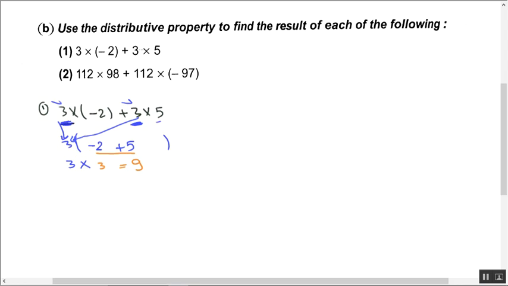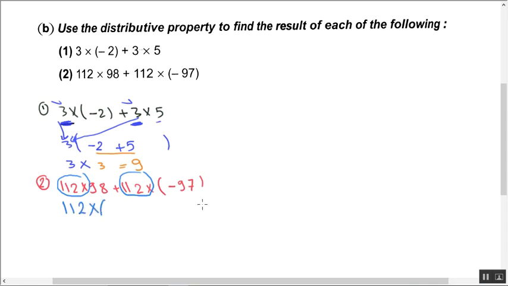Question number 2. He said 112 times 98 plus 112 times negative 97. Here where is the common element? Here is 112, and also here we have 112. We can take one of them. We can say 112 times open bracket, and what is the remainder here? 98 plus negative 97.